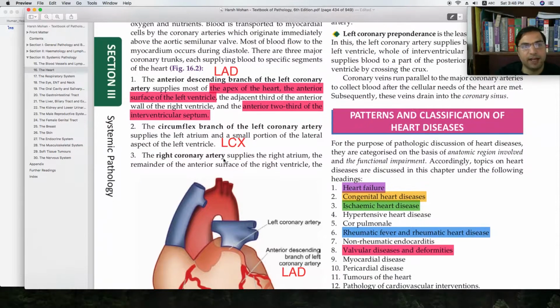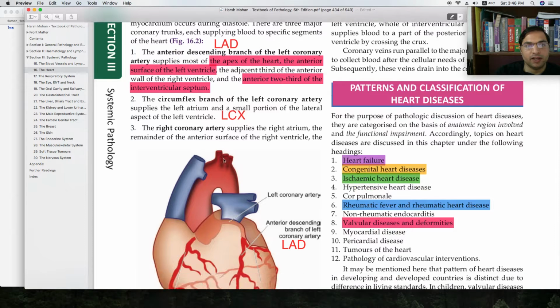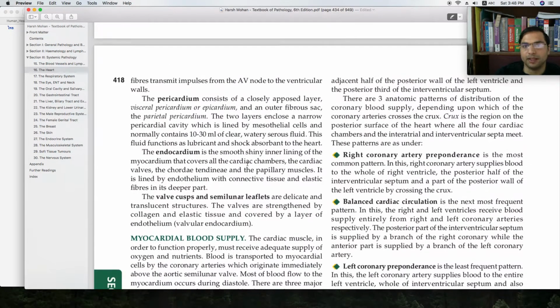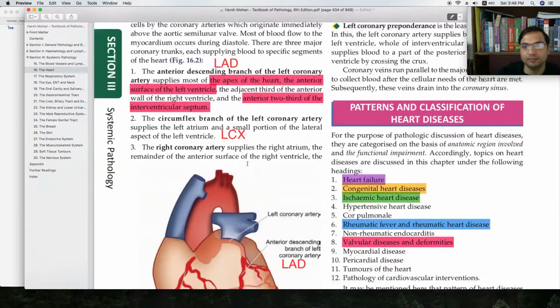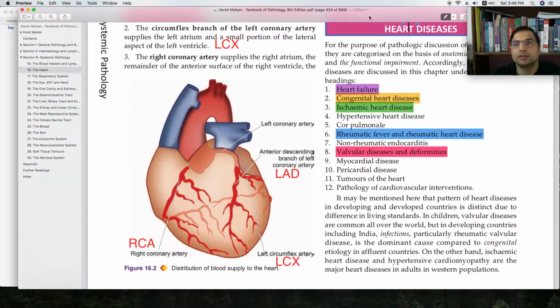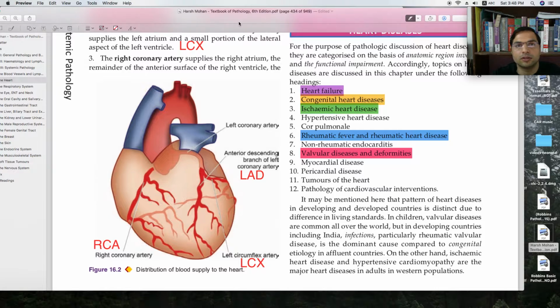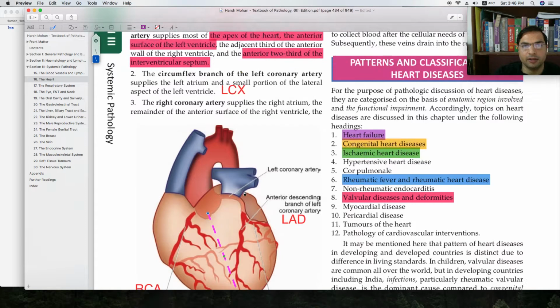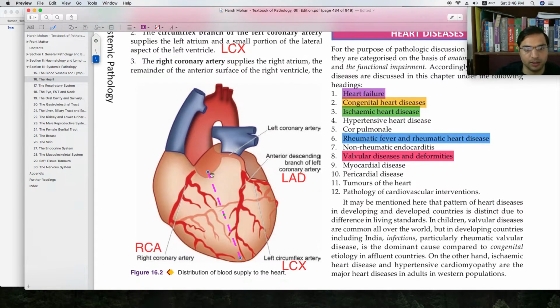And then the rest, the one-third of this interventricular septum, is supplied by the right coronary artery, right? So let us draw it like this.